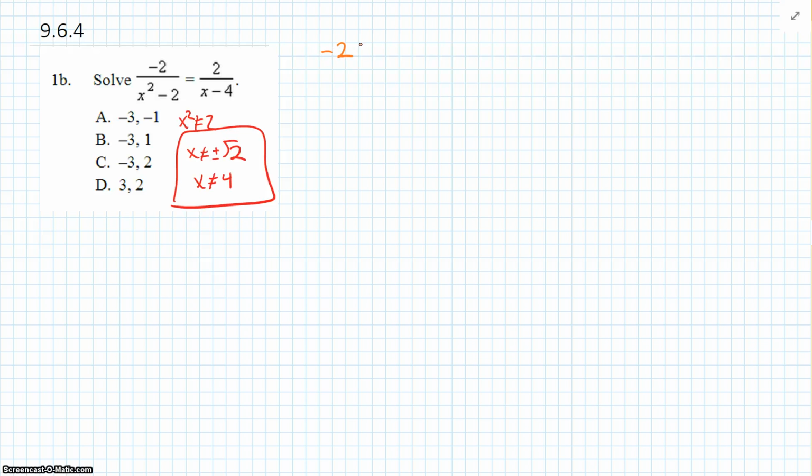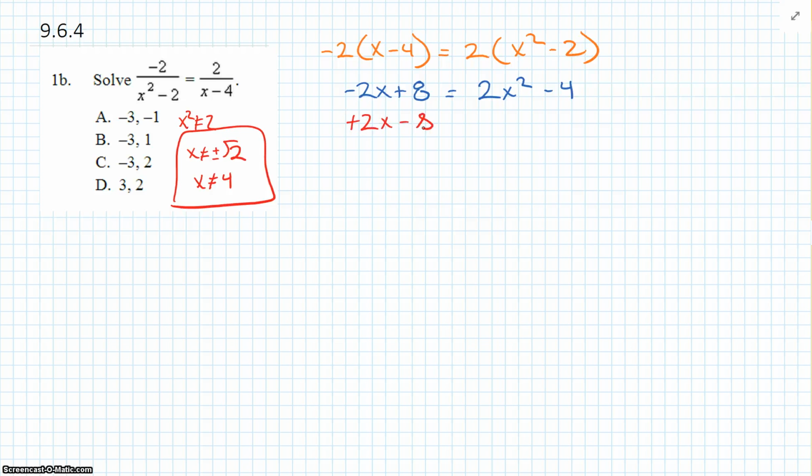So I have negative 2 times x minus 2, x minus 4, equals 2 times x squared minus 2. Multiply out the negative 2, so I get negative 2x plus 8 equals 2x squared minus 4. Let's set this thing equal to 0. So we're going to add 2x and subtract 8.